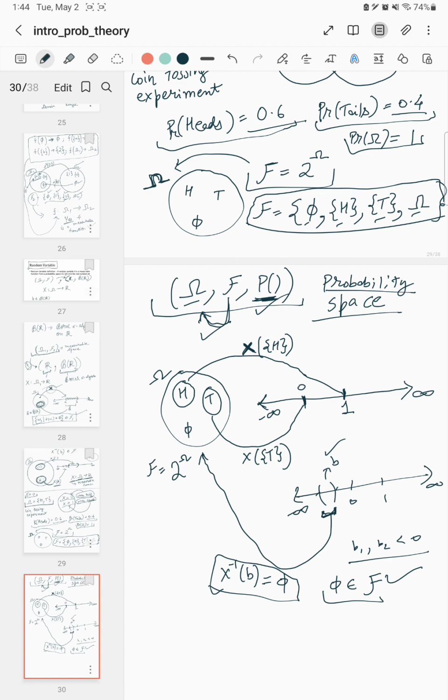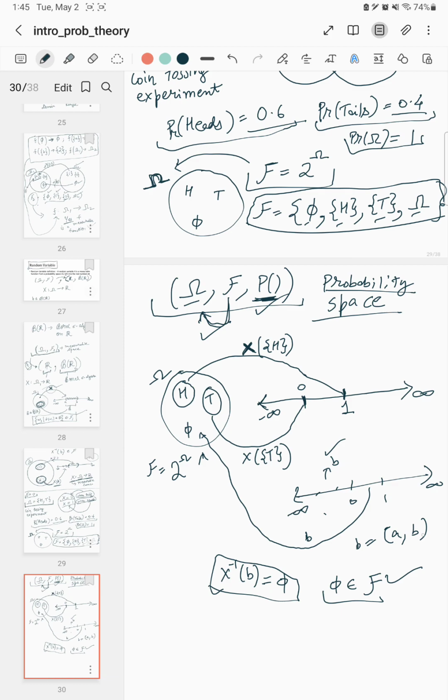So this satisfies the condition. Now let's check another Borel set. This time for a Borel set small b, let's say b is of the form (a, b), an open interval, where a and b both strictly lie inside 0 and 1. The set of all real numbers between the open interval a and b is the Borel set.